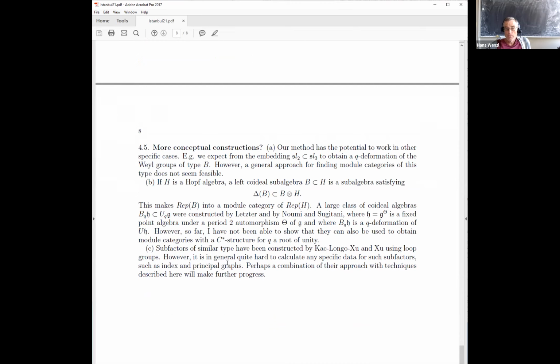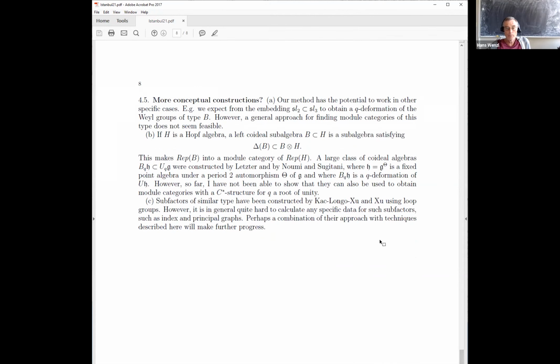Even so the explicit calculation of indices seems to be very hard, there's still a lot of specific data in this setting. And so I would hope that using this data, perhaps together with this categorical approach which I used before for this other setting, might at least construct more examples so that maybe one gets a clearer picture of what's possible or what is not.